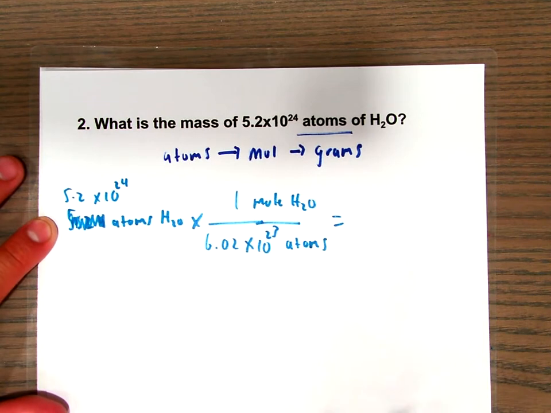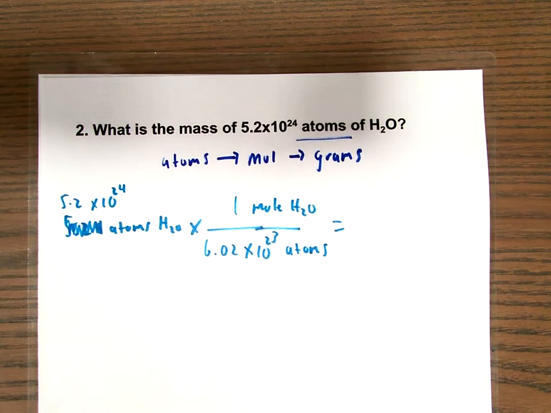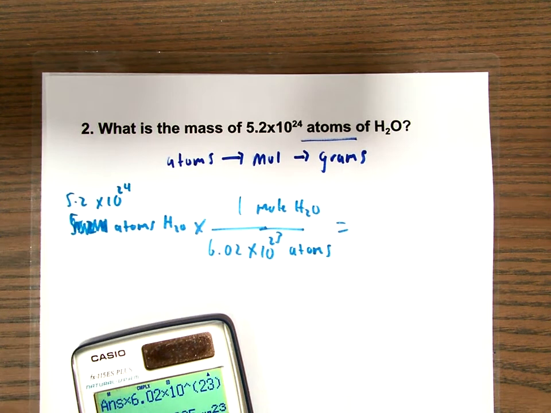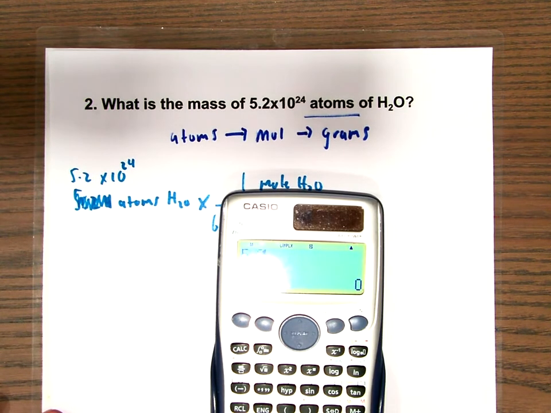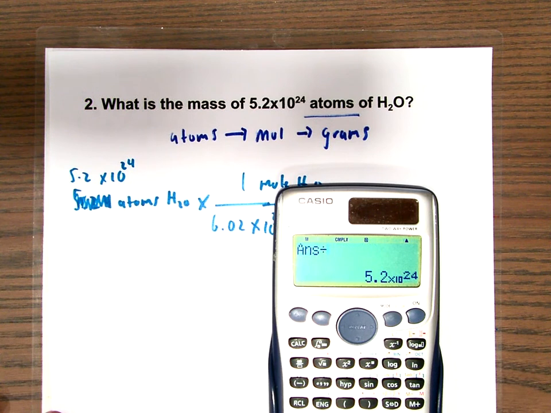So I'm going to go ahead and do this math. I'm going to put this in my calculator and divide it by this whole bottom thing. You should be getting something. If you're getting something times 10 to like the 46, you're probably doing something wrong. So if I'm putting this in my calculator, 5.2 times 10 to the 24, divide by the bottom, which is Avogadro's number, making sure to put that in parentheses.